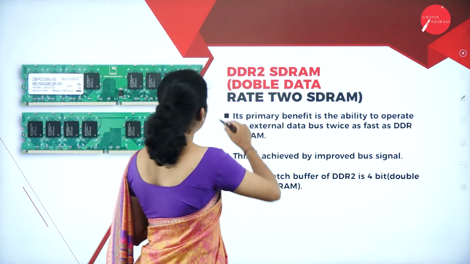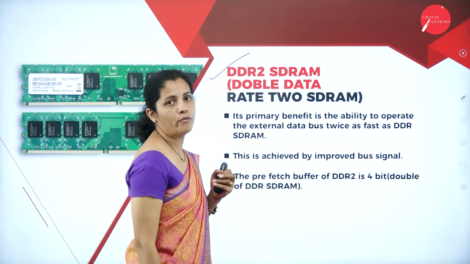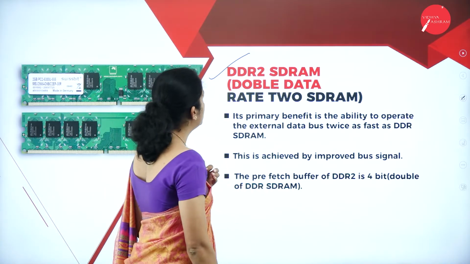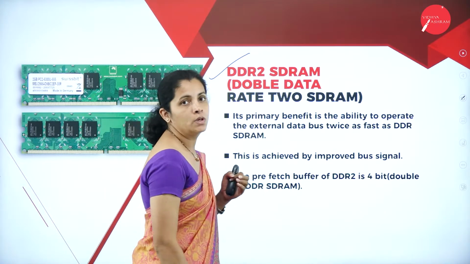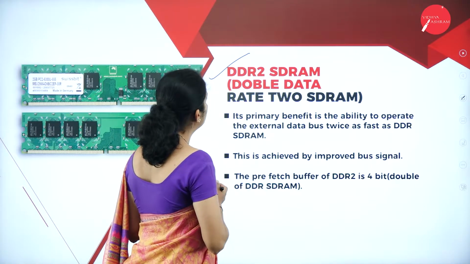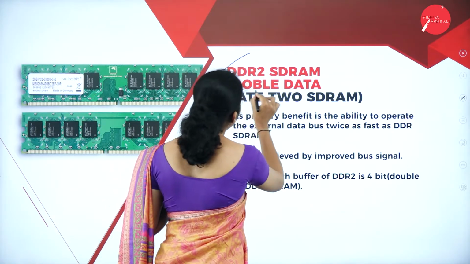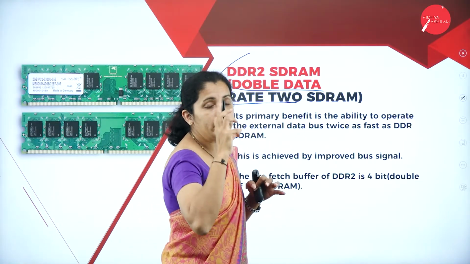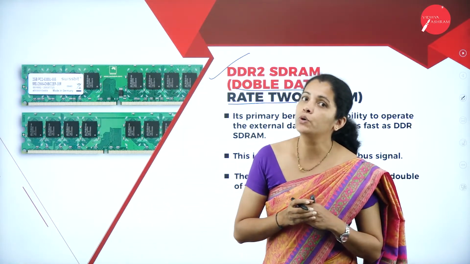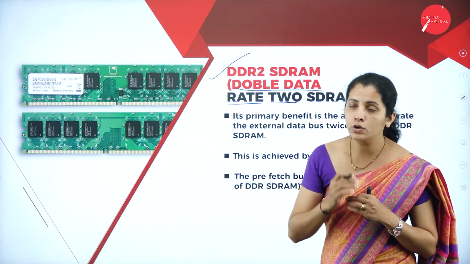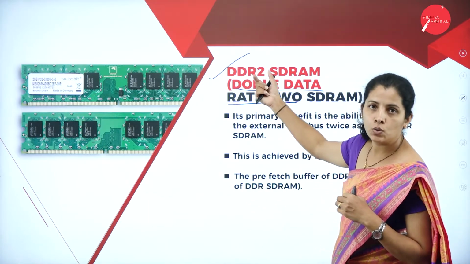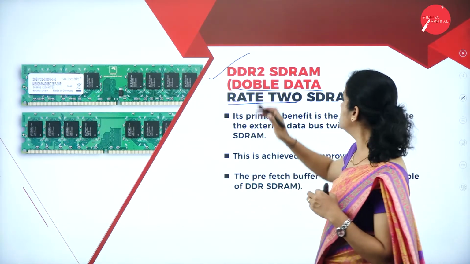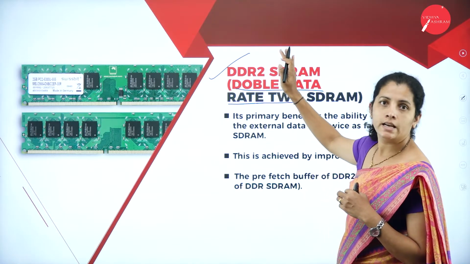Moving further, I'm going to discuss another type of dynamic RAM, that is DDR2. Here DDR2 is nothing but double data rate 2. The data transfer rate is double in DDR2 compared to the previous DDR SDRAM.